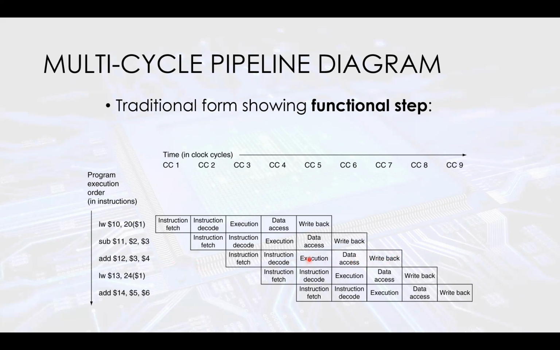For instance, let's say a store. I guess we don't have a store up here, but if we had a store, it wouldn't necessarily need the write back stage. Keep that in mind. It wouldn't need it, but the data is still going to have to flow through that circuitry.